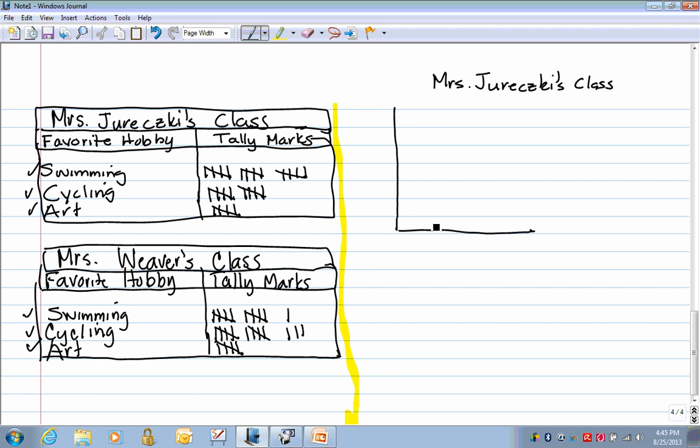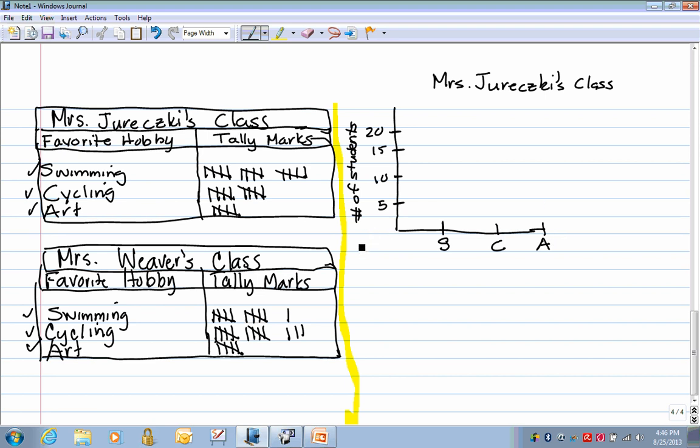And this on the side is the number of students. And on the bottom is going to be the favorite hobbies, and I'm just going to abbreviate and write S for swimming, C for cycling, and A for art.